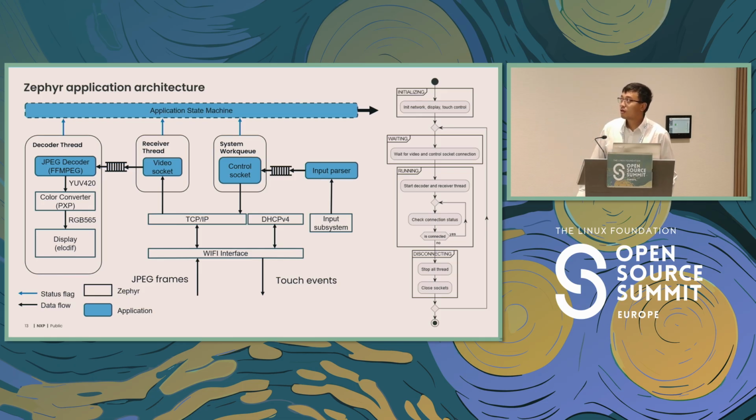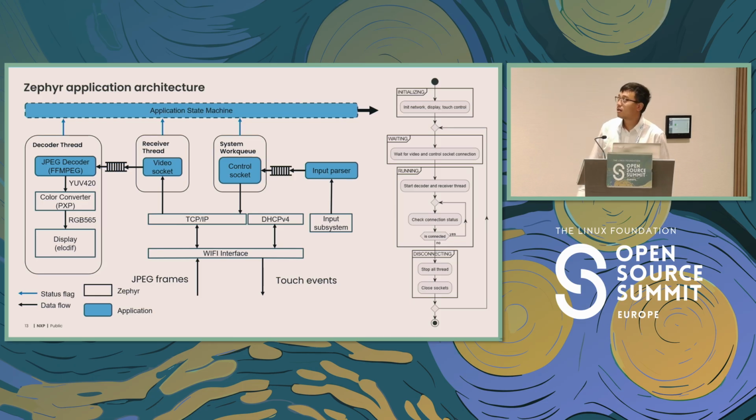And then we need to convert it into the format RGB565 using the color converter. And here we use a functionality of the board, the PXP, which allows us to do this conversion. And finally, we display the frame on the display using the display controller ELCDIF.